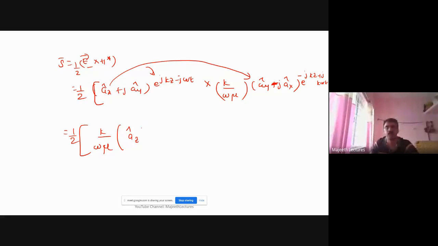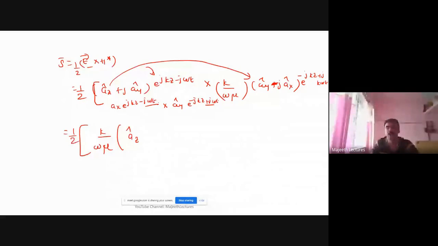So it is nothing but ax e^{j(kz - ωt)} cross ay e^{-j(kz - ωt)}. These two will give e power 0, that is 1. Everywhere this e will give 1 only, so we have to multiply only these vectors.